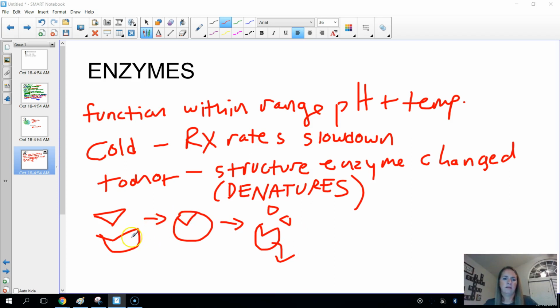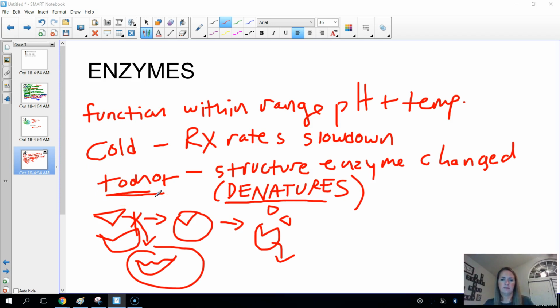Well, let's say this enzyme is exposed to really hot conditions. Then that enzyme will no longer look like that. It might look like this, okay? And so then that substrate does not fit inside of that enzyme because now it has been denatured. It's been denatured because of extreme conditions, specifically in this example, the heat, okay?